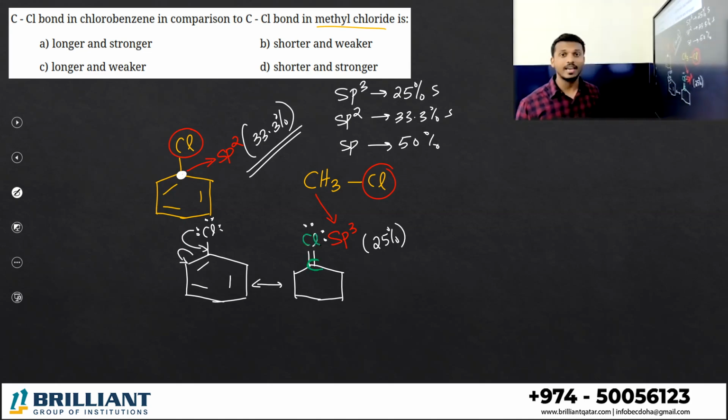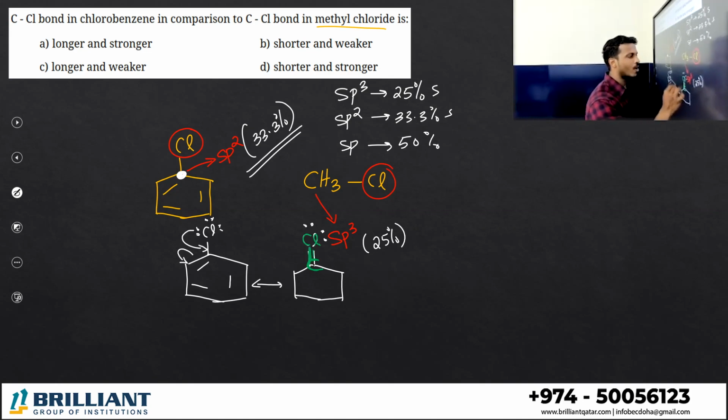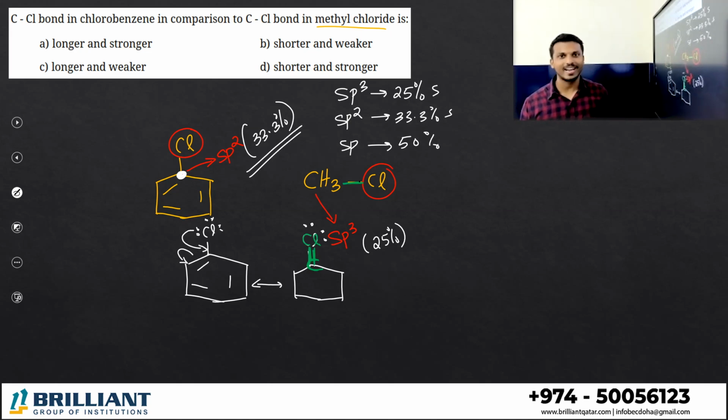Come to haloalkane CH3Cl, is such a resonance possible? No, so no double bond. Tell me, this double bond or single bond, which is the stronger bond? Double bond is stronger, right? Stronger the bond, shorter the length, right? Yes. So what we can say? The C-Cl bond in chlorobenzene is shorter and stronger than haloalkane. So the answer is option B.